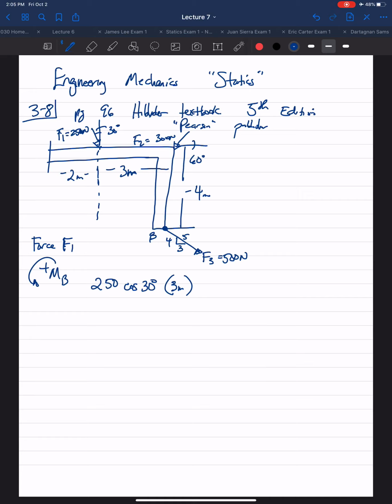Now the horizontal component will be sine of that angle. And that is pushing to the right, so it's causing a clockwise rotation about point B. So it's negative direction, so it's 250 times sine of 30 degrees. And the perpendicular distance between the line of action of the horizontal component and point B is given to us as 4 meters.